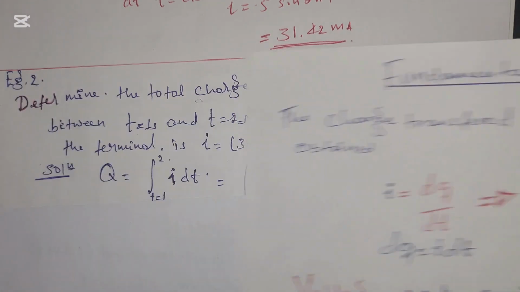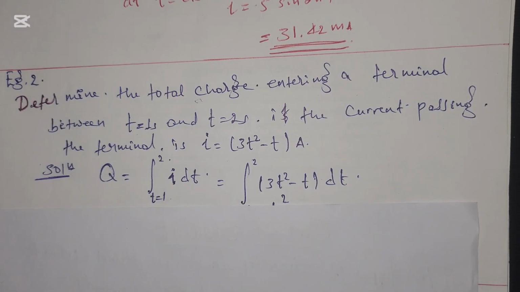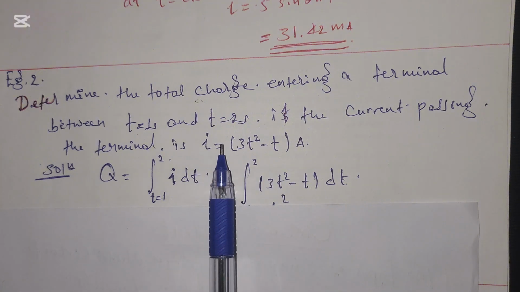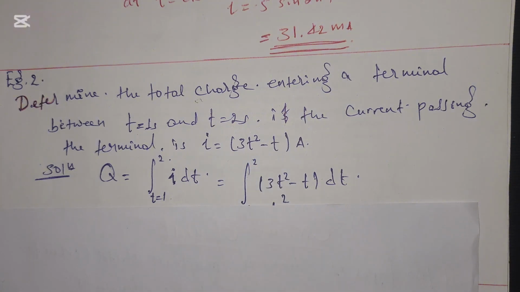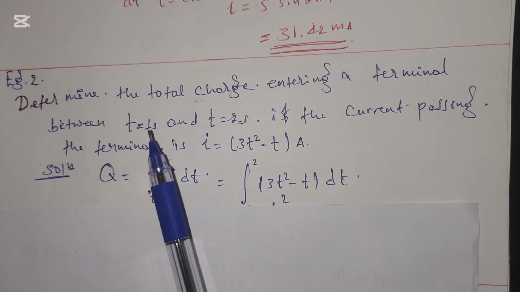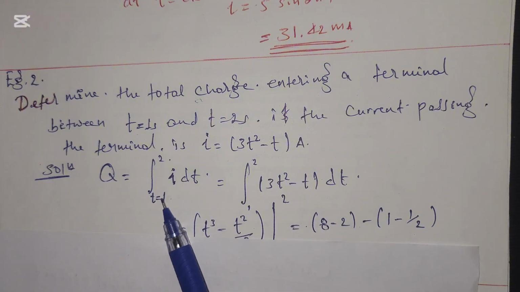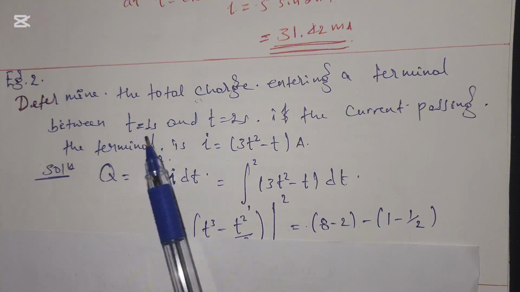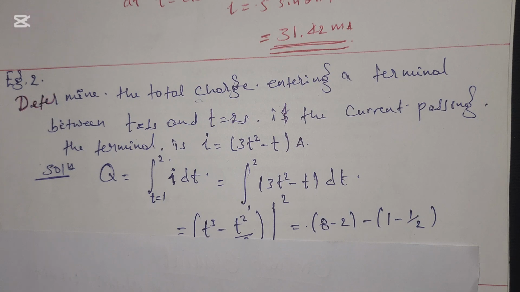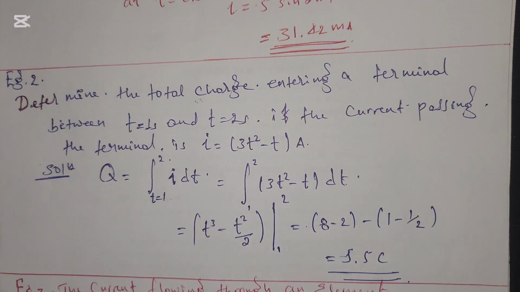Now we have been given that i equals 3t squared minus t, and the time interval is t initial equals 1 to t equals 2.